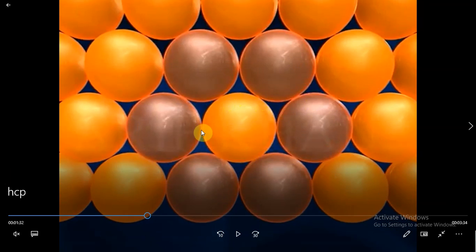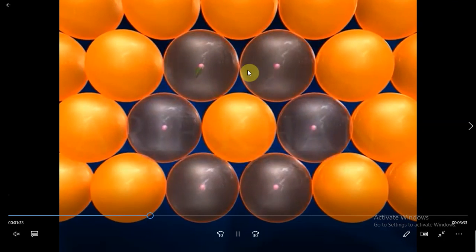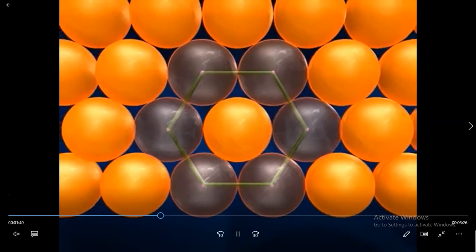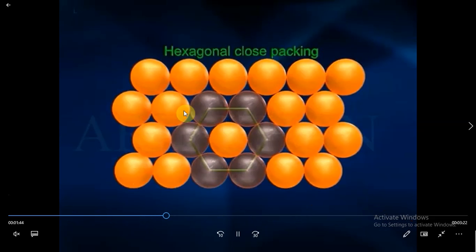Okay, this atom is at a time in contact with how many atoms? 1, 2, 3, 4, 5, 6. And if I join the centers of all these 6 atoms, it will form a hexagon. So this is why it is called hexagonal closed pack structure, and it is still in 2 dimension only.